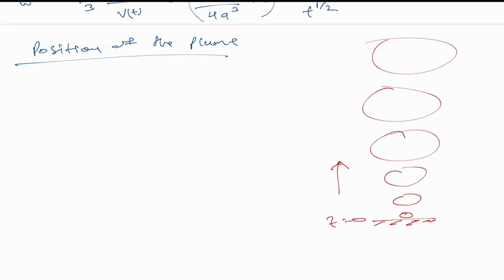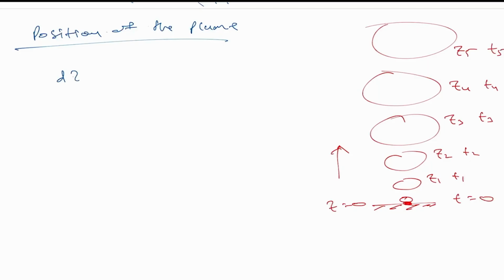If this is z equal to 0 at t equal to 0, it has attained z1 at t1, z2 at t2, z3 at t3, z4 at t4, etc. So it is continuously moving away from the injection point. If you want to find where this plume is located at a particular time, we can use dz by dt equal to w bar. This is basically the vertical velocity, right?